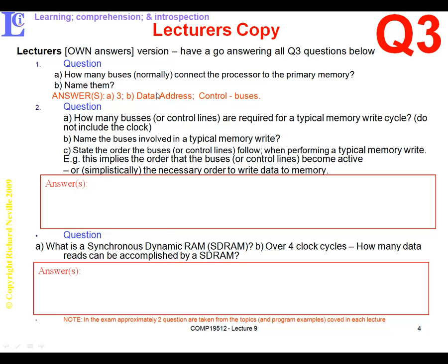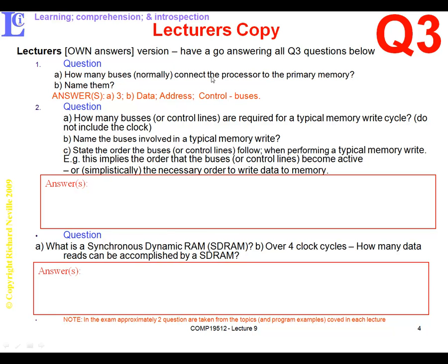The next thing that happens is, depending on if you're reading or writing, the data will either be placed on the data bus by the processor if we're writing to the memory, or if we're reading from the memory it will place the information on the data bus. And then it's again a control bus line which will go high if it's a write line, or high if it's a read line. So there'll be at least 3 or 4 control lines.